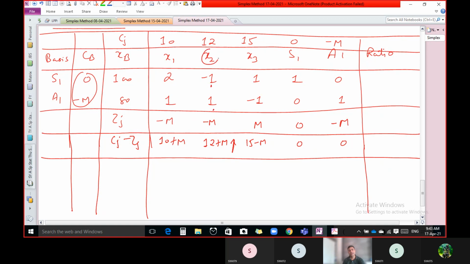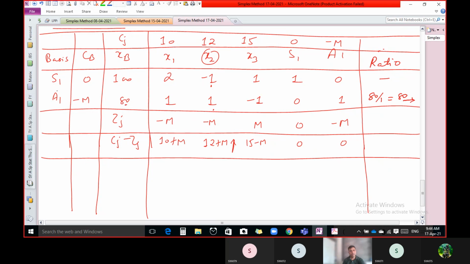So x2 will enter into the basis. In which place? To find that out, we have to take the ratio. Because this is negative, don't take the ratio. And here, this is 80 divided by 1, we get 80 only. And that is the only value. Then consider this as the key row.